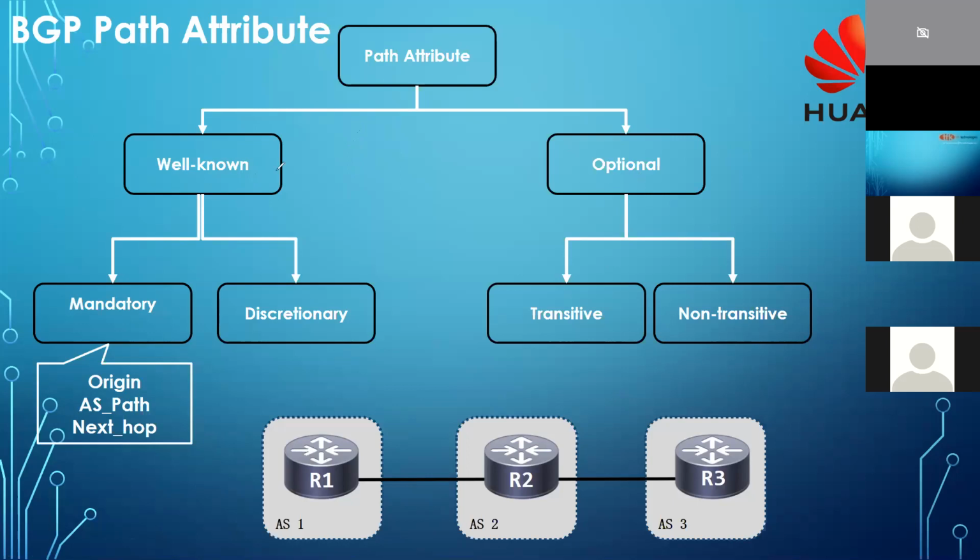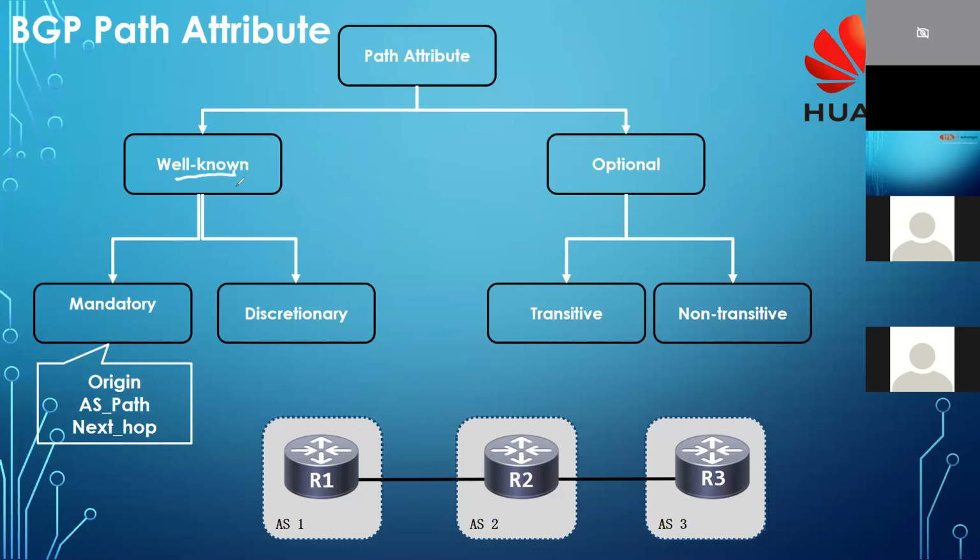Well-known means that this attribute needs to be known or identified by all the BGP routers. So for the well-known family, for example, R1, R2 and R3 need to know and identify all these BGP attributes, because they are well known.